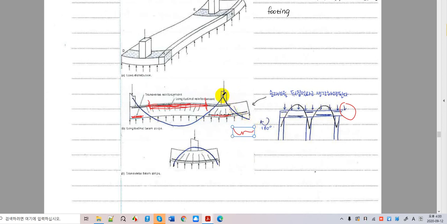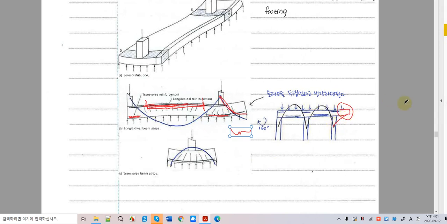So this bending moment diagram should go and end up like that, right? It can go further here, and if you have a cantilever right there, it ends up with zero bending moment, right? So we have to end up with zero moment right here.